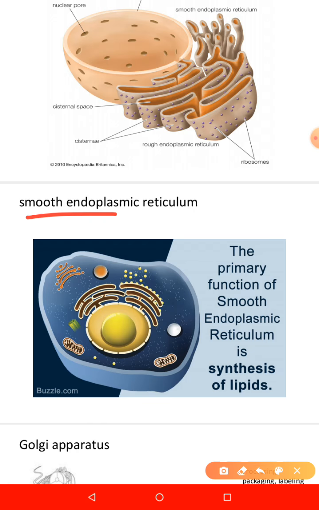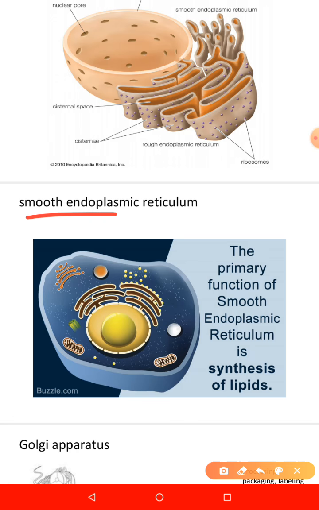It is involved in synthesis of non-protein substances. It plays a role in cellular metabolism. It is involved in storage and metabolism of calcium, and it's also involved in catabolism and detoxification.